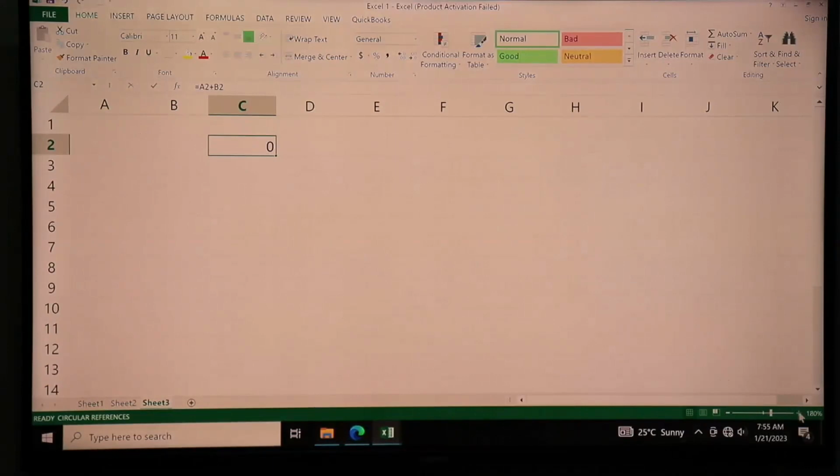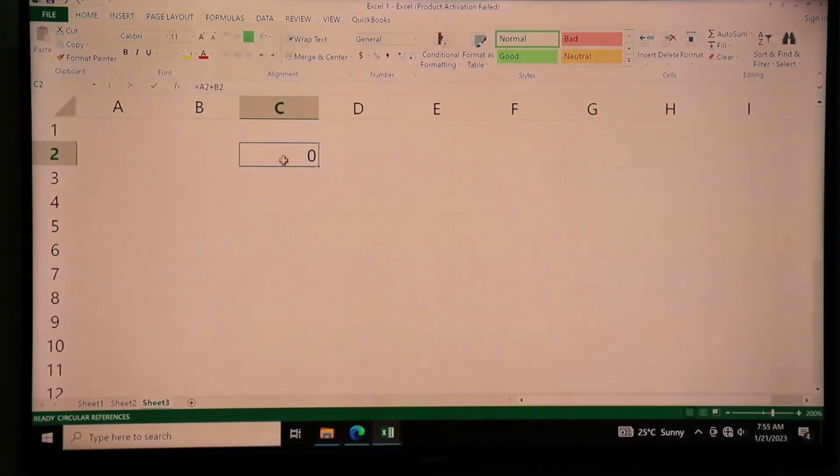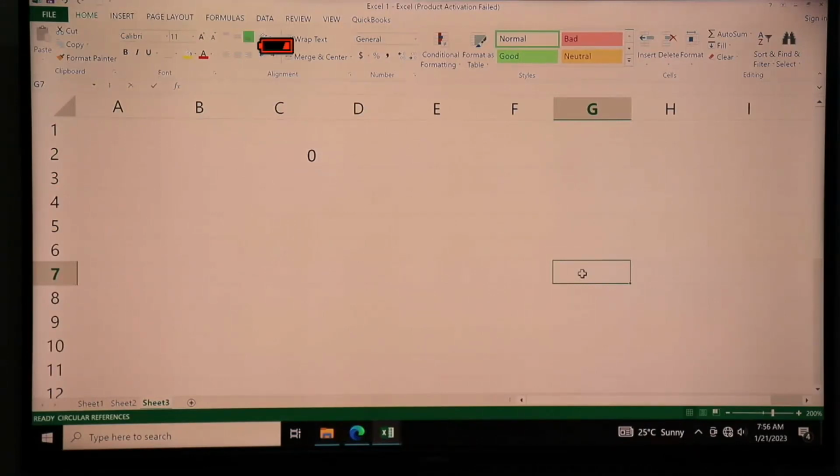Then you are asked, how will be the formula if it was copied in cell G7? What do you think that formula will be? You can write there on the chart. If that formula was copied in cell G7, how will be the formula?